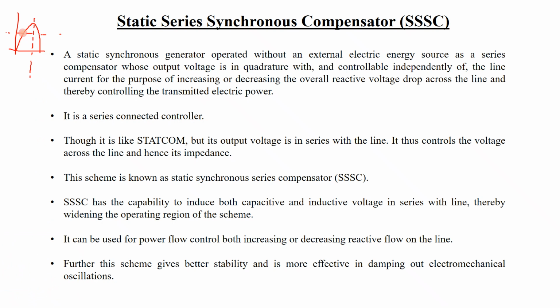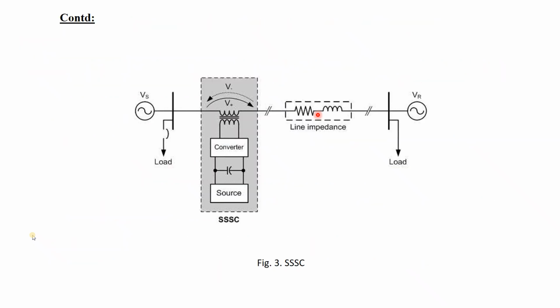If the power is increased up to here, the load angle will increase more, and again it will come back. So there is an equilibrium criterion like this. These oscillations must be avoided. This oscillation is damped out with the help of this particular SSSC. Using the static series synchronous compensator, the damping of these electromechanical oscillations becomes more effective.